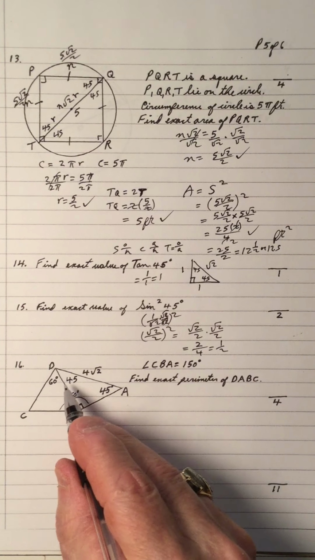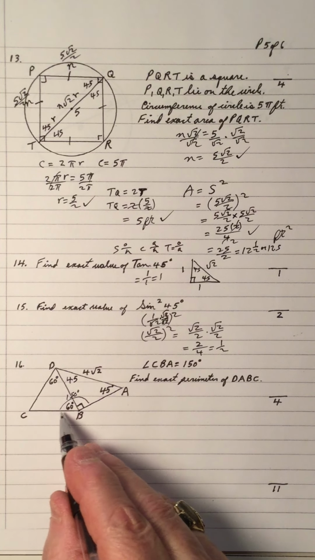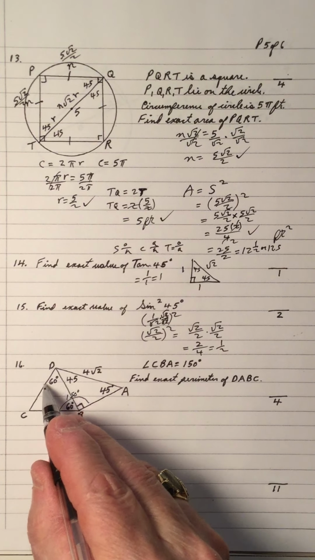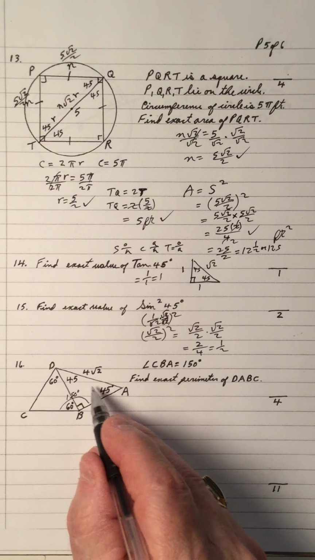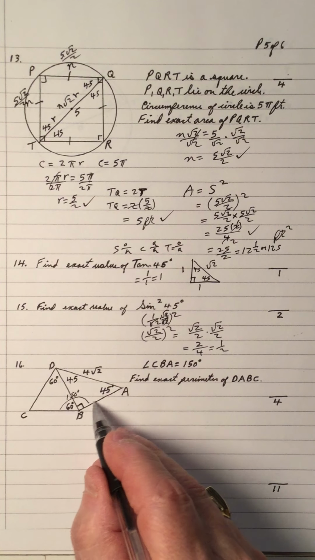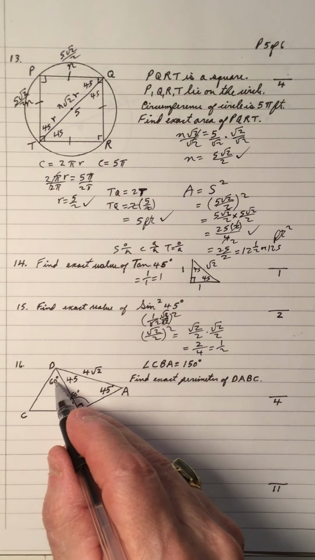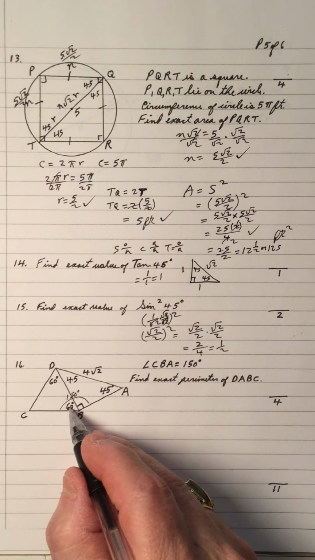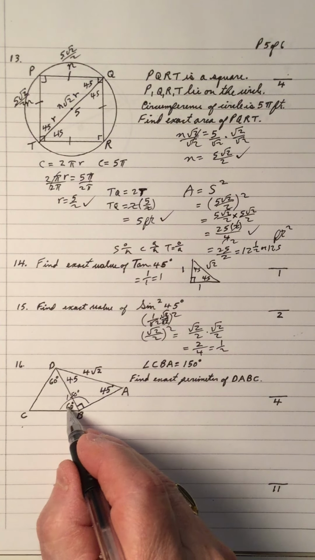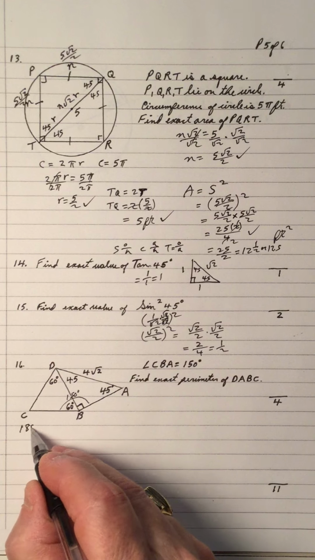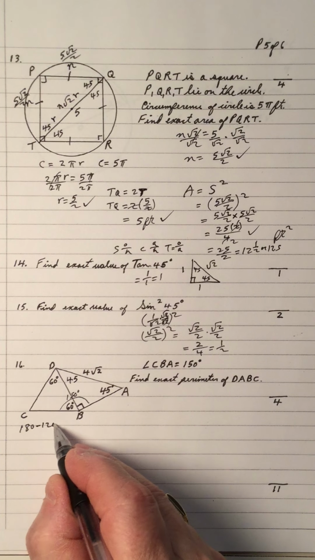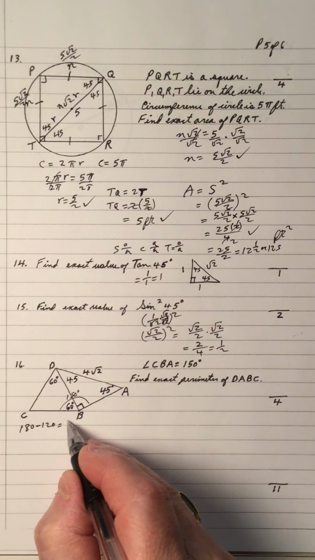Okay. 180 degrees in a triangle. So this triangle is a 90, 45, 45. That adds up to 180. So these angles add up to 180. So these two angles are 120. So 180 subtract 120 gives 60.